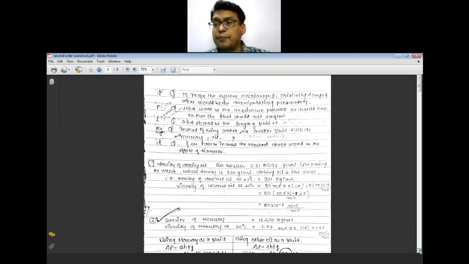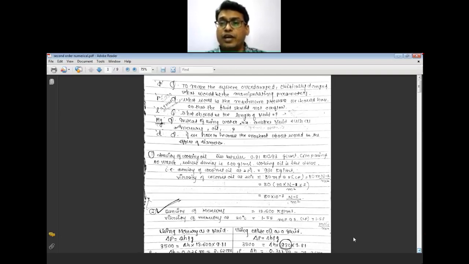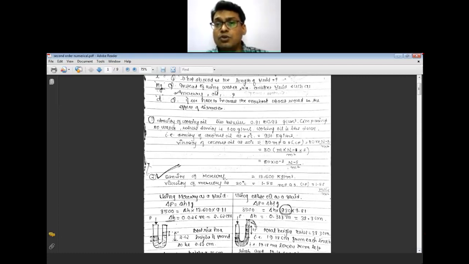Now the second example is where we vary the density. Consider the density of the fluid: one is cooking oil, and the second is mercury. When to use mercury or cooking oil depends on the applied pressure and how much pressure difference you will require.